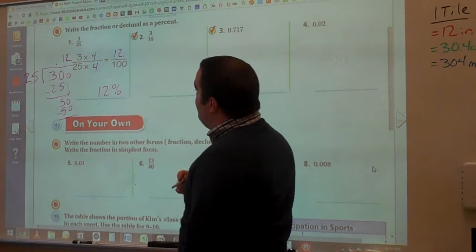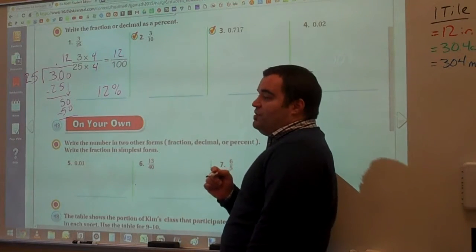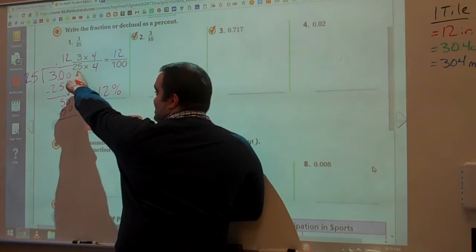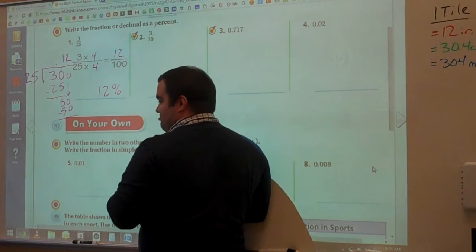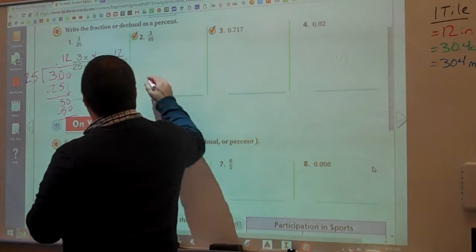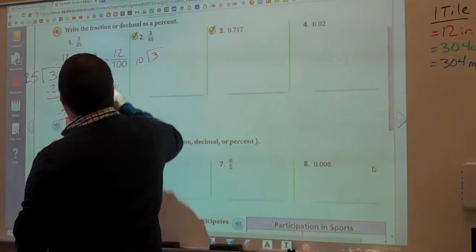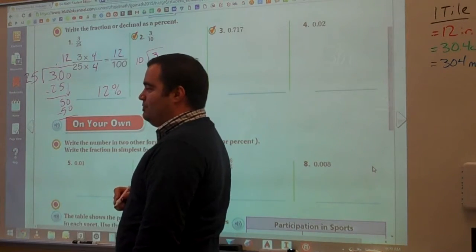Gabby, 3/10. 2 ways you can do it. You can set it up like this and multiply it by 10. Or let's just do 3 divided by 10. Same goes for 32.